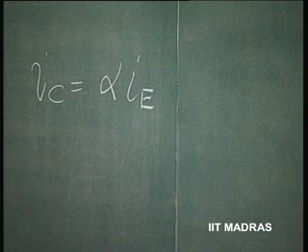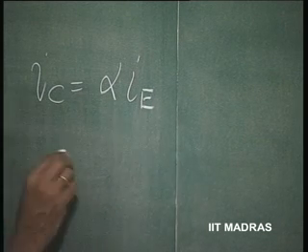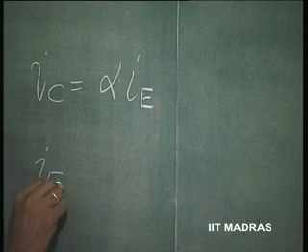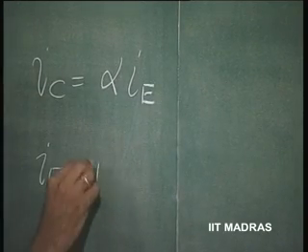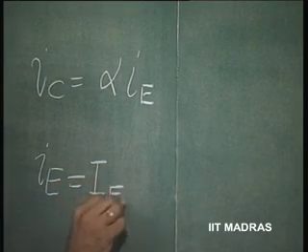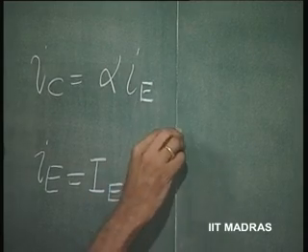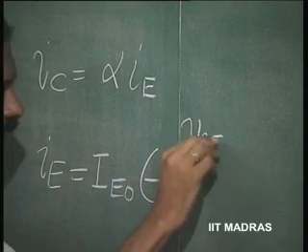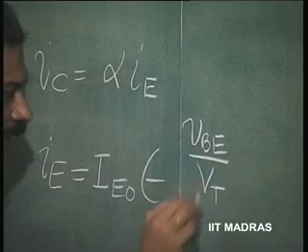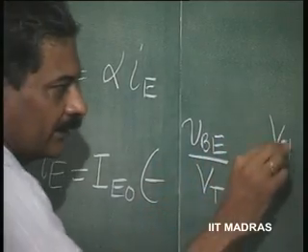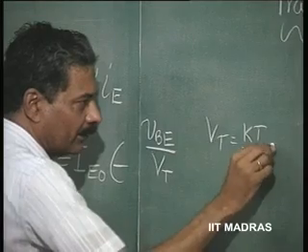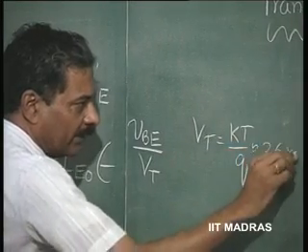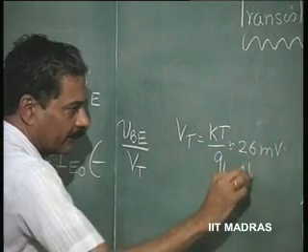And the other relationship is between I E and V B E. We know that I E is equal to I E naught, the reverse saturation current, times exponent V B E by V T. V T is the thermal voltage, which is nothing but K T over Q, about 26 millivolts at room temperature.